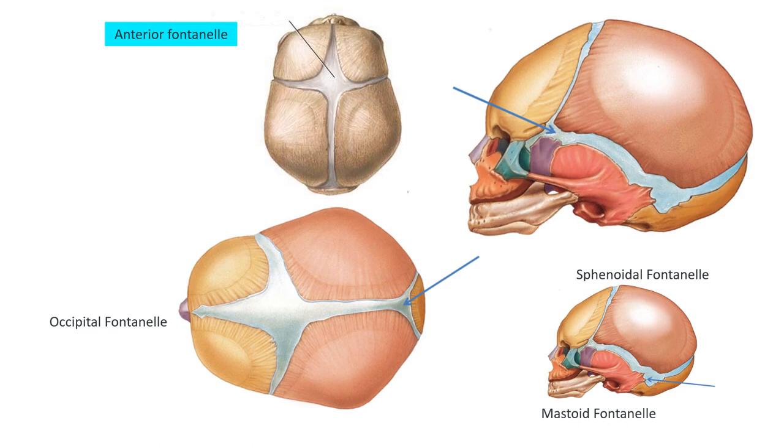These are called fontanelles, and there are several fontanelles in the skull of a young person, and these unossified membranes are called fontanelles, and the most important and the latest fontanelle to close is the anterior fontanelle.